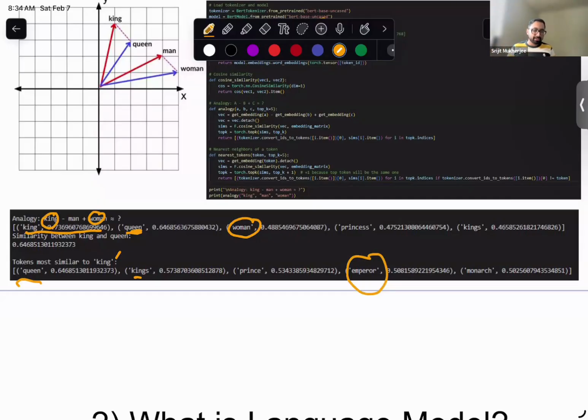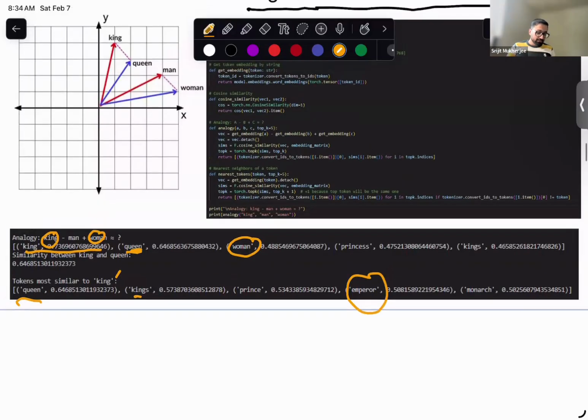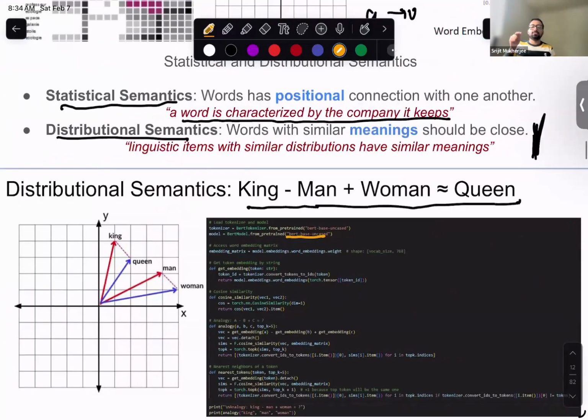So when these vectors represent both positional and distributional semantics, both information together, okay, we want to make sure that this vector, the representation, contains both of this information.